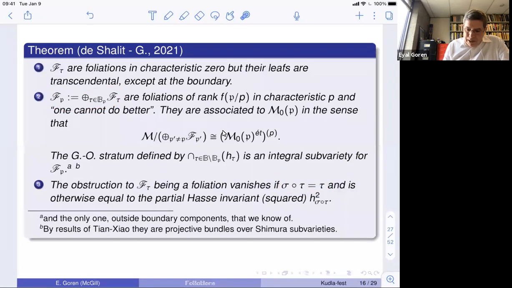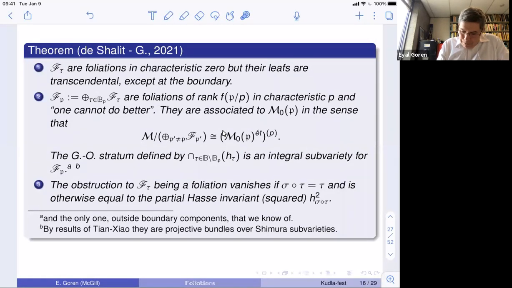But if tau is not of relative degree 1, residue degree 1, so if sigma tau is not equal to tau, there is a non-trivial obstruction, and we can show, as a nice phenomenon, that this obstruction is exactly the square of a certain partial Hasse invariant, which are those Hilbert modular forms in characteristic p that I defined years ago.